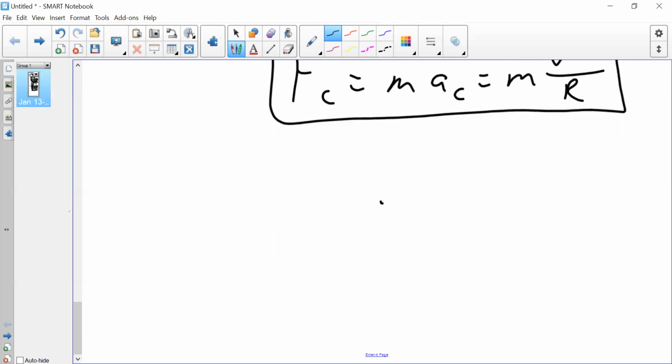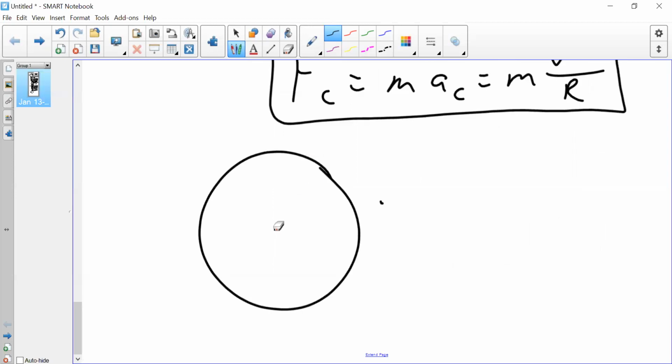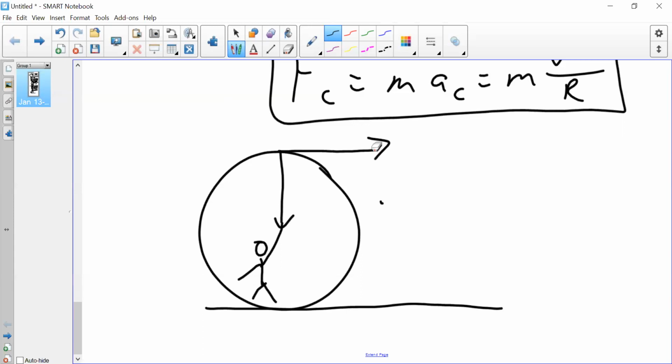So again, let's say I have a string, I'm pulling it and I'm here and this is the ground. And then I have a tennis ball at the end of the string, some radius r from the center.